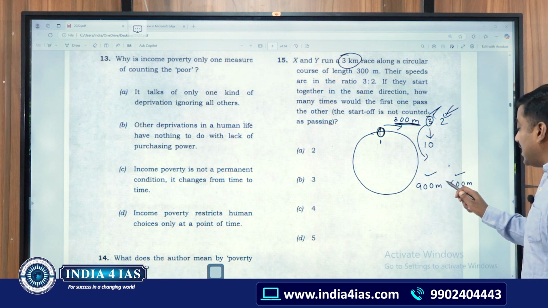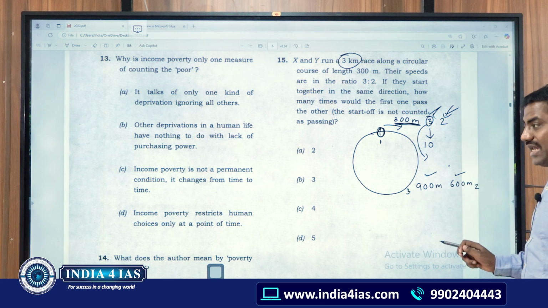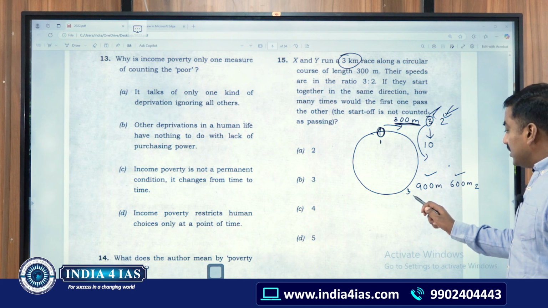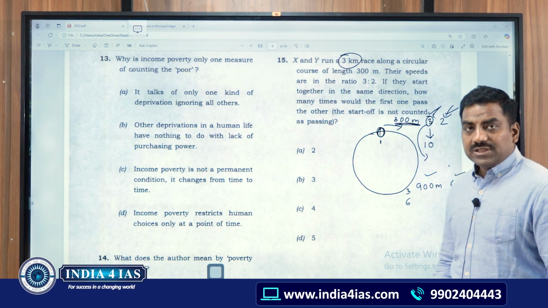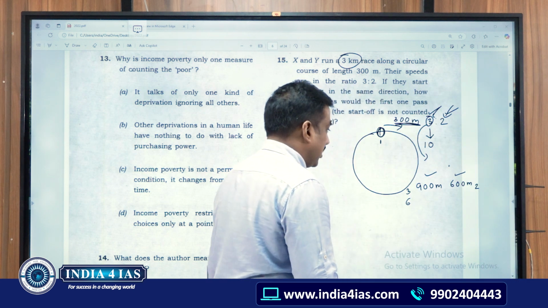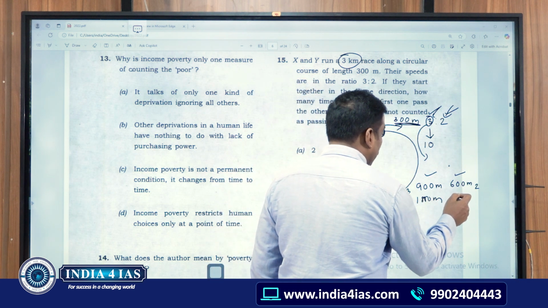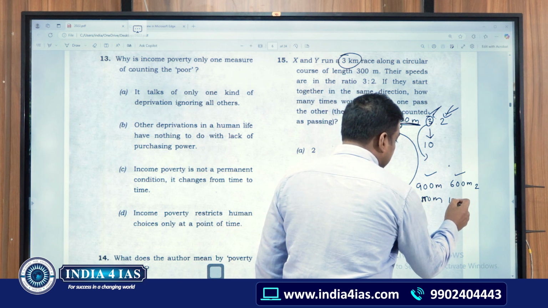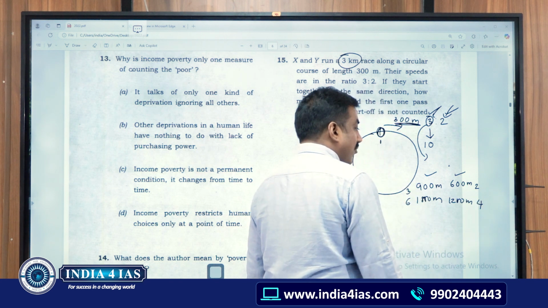So when he covers 900 meters, he would have covered 3 rounds and the other 2 rounds. Next time when they meet, this person would have covered 6 rounds, so 1800 meters, and this person would have covered just 1200 meters, that is 4 rounds.